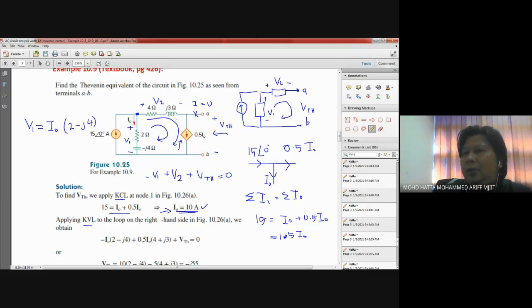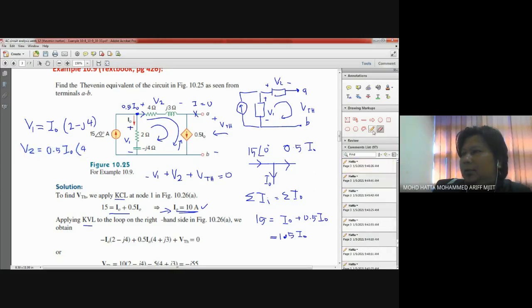And for V2, if you refer back to the original circuit, the current flowing through here is basically 0.5 IO. To get V2, we can make use of that current 0.5 IO times the impedance value at the top there.